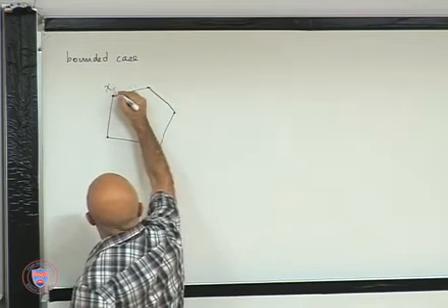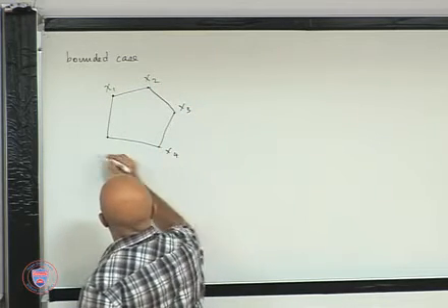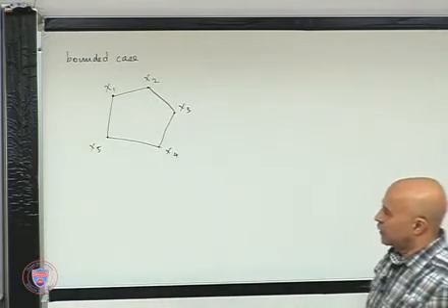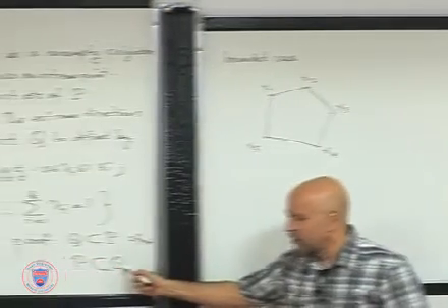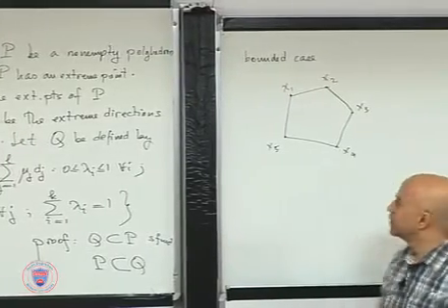So I've got x1, x2, x3, x4, x5. So we're talking about essentially the second part, except as an example situation.